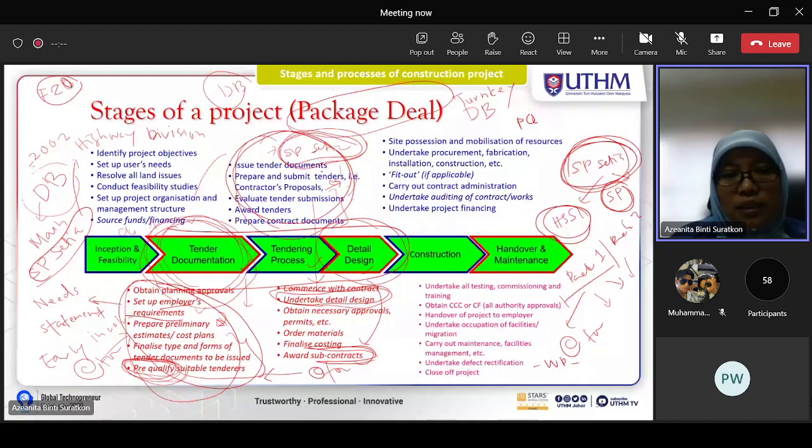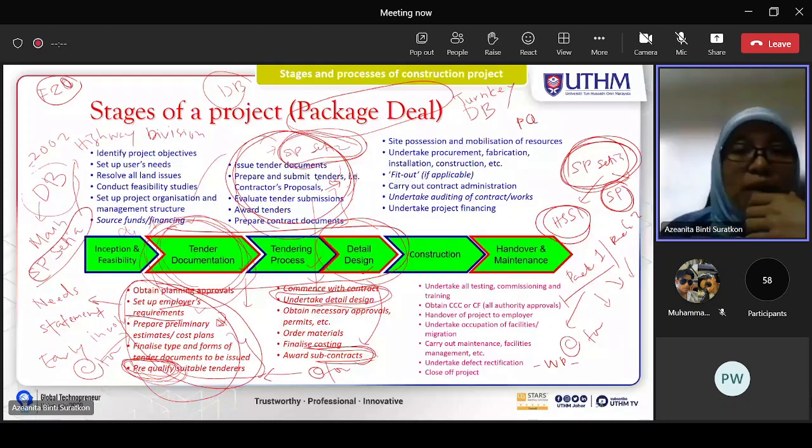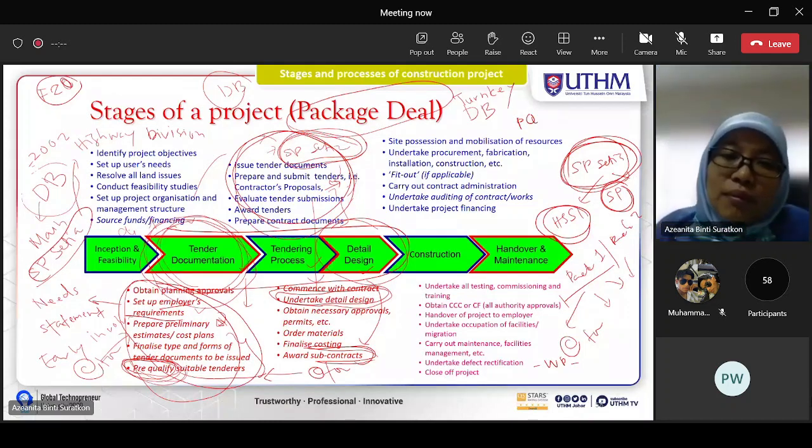Sometimes in this case the client will call the contractor for an interview. The contractor needs to do a presentation because it involves the design proposed by the contractor. Maybe the client can call the contractor to present their proposal. Then the evaluation of tenders is the same process.